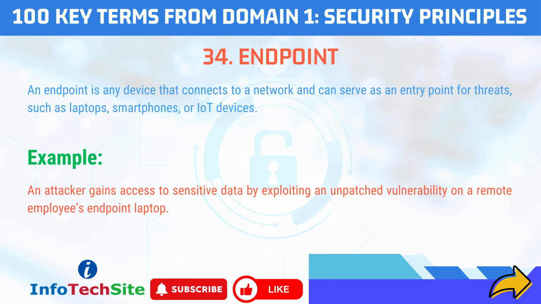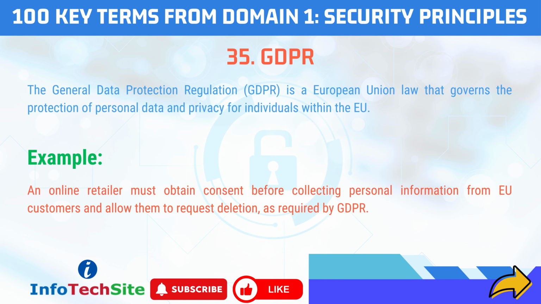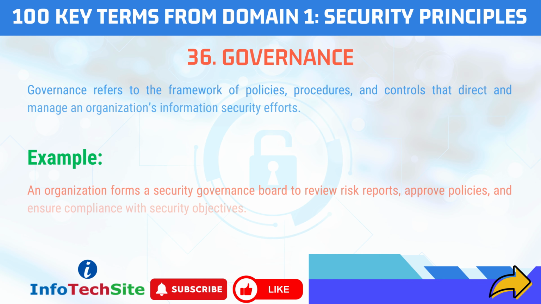35. GDPR. The General Data Protection Regulation, GDPR, is a European Union law that governs the protection of personal data and privacy for individuals within the EU. For instance, an online retailer must obtain consent before collecting personal information from EU customers and allow them to request deletion, as required by GDPR. 36.